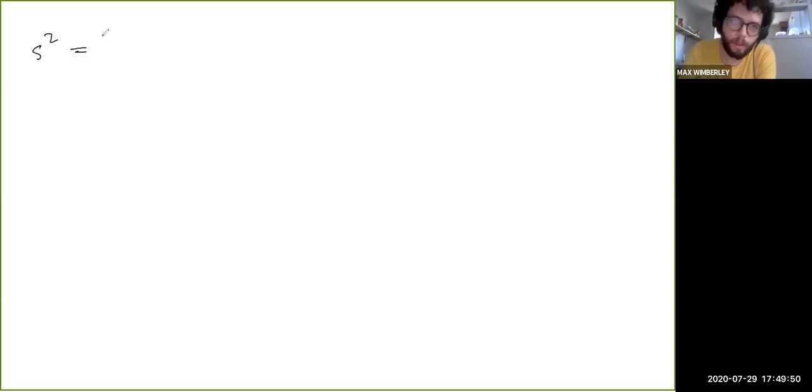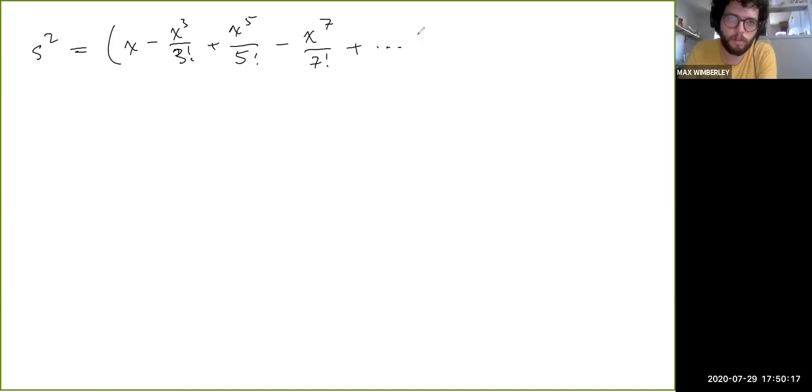Let's just look at a few terms of what we get when we square these series. So we would have x minus x cubed over 3 factorial plus x to the 5th over 5 factorial minus x to the 7th over 7 factorial, and so on.